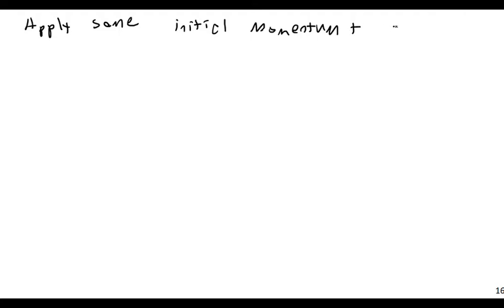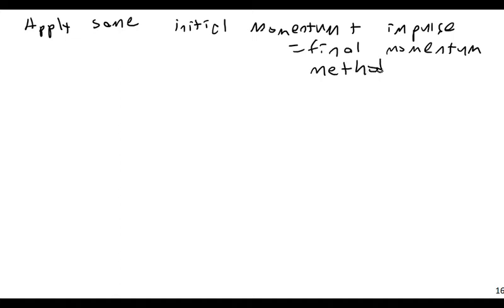So I'm going to apply the same initial momentum plus impulse equals final momentum method. However, what is the initial momentum? It's just a plate hanging from the ceiling. The initial momentum is 0.